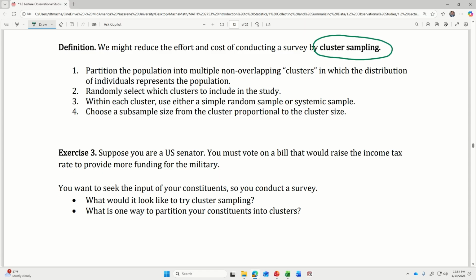You randomly select which cities and towns to include in your study. And then instead of having to travel to 50 different cities, you only travel to 5 different cities. But you're hoping the entire time that each city is going to have a diverse range of opinions that reflects close enough in distribution to the overall population. So you're still hoping you're not leaving anybody out, but by not traveling to each and every city, you are saving effort and money and time and reducing the overall scope of your project.